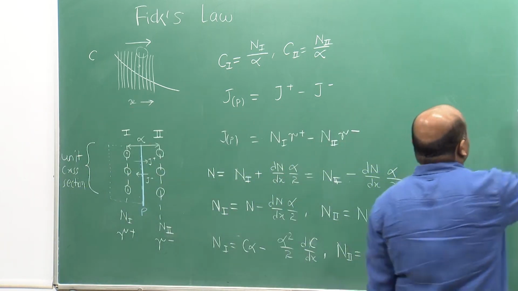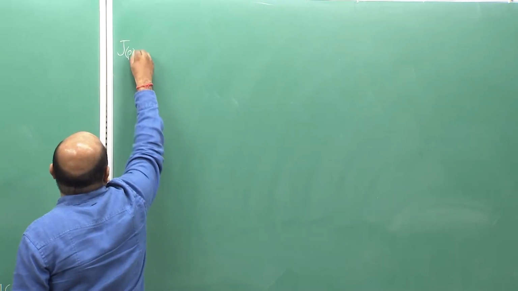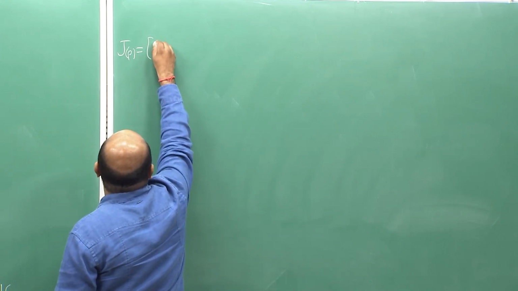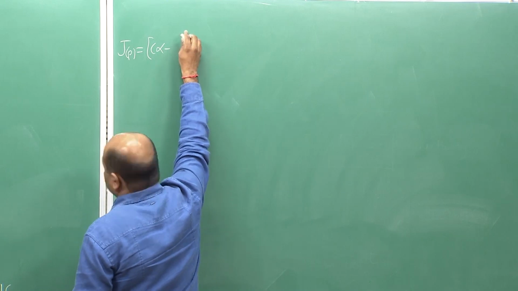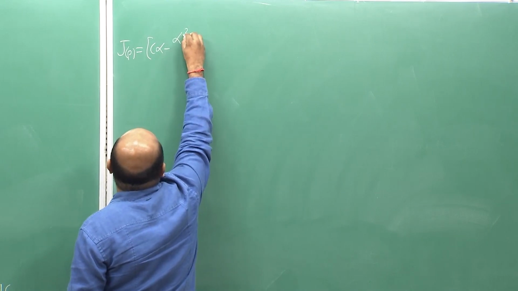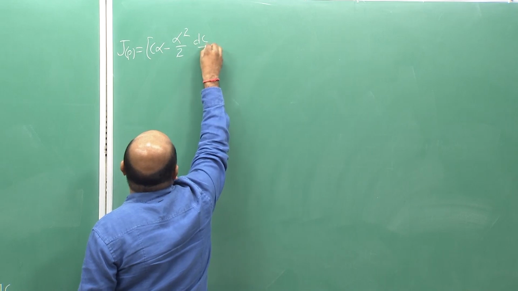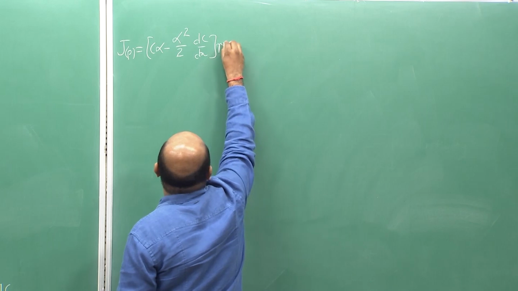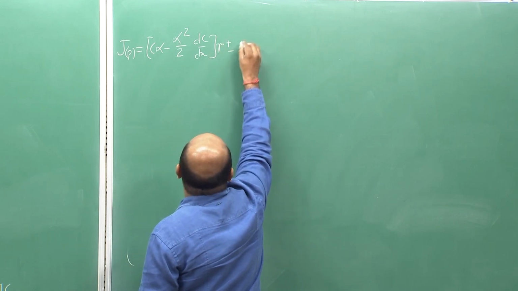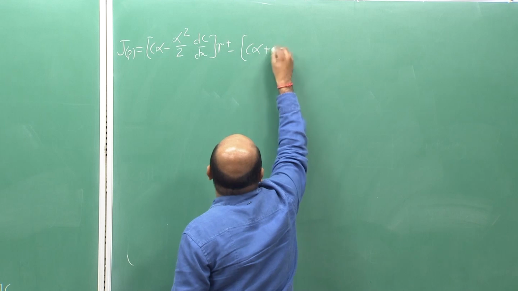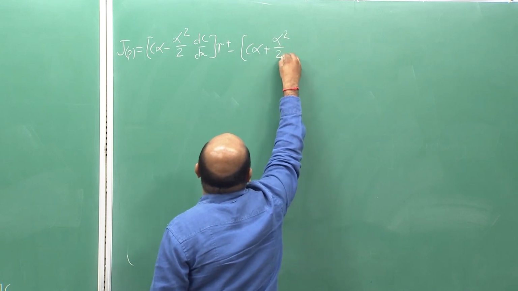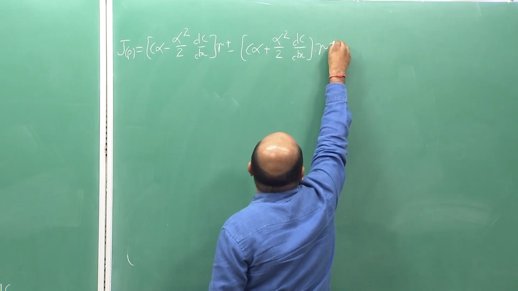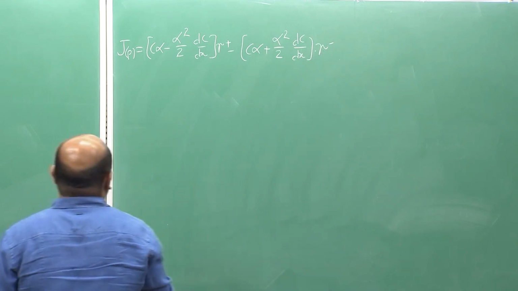So, if I substitute in J at plane P, I get C alpha minus alpha square by 2 dC by dx times gamma plus, and C alpha plus alpha square by 2 times dC by dx times gamma minus.